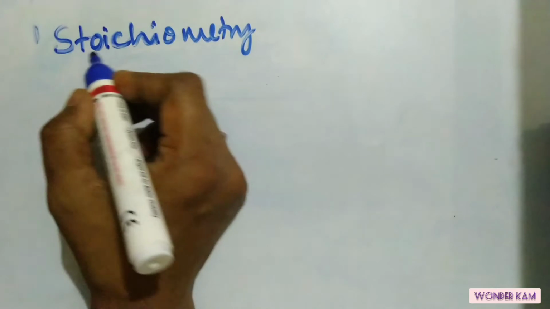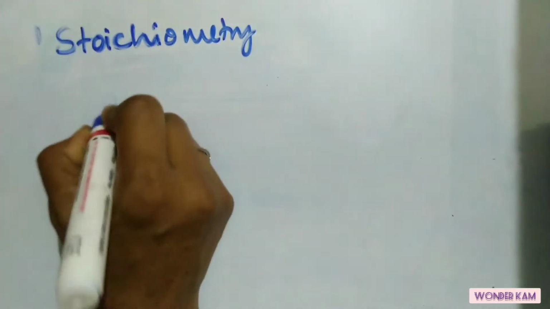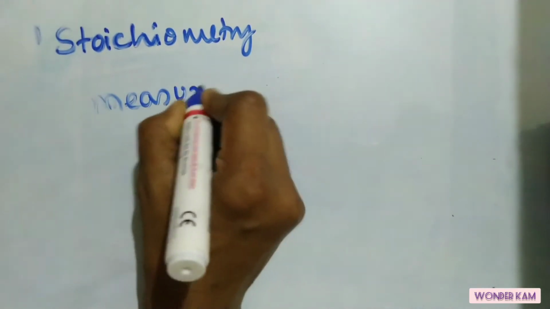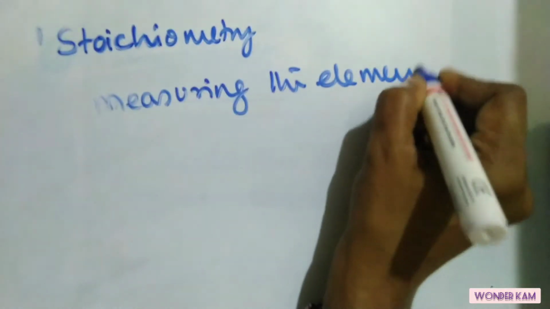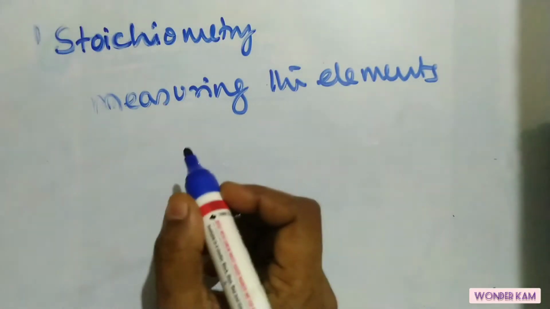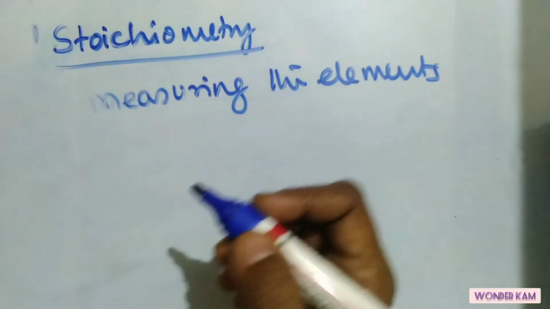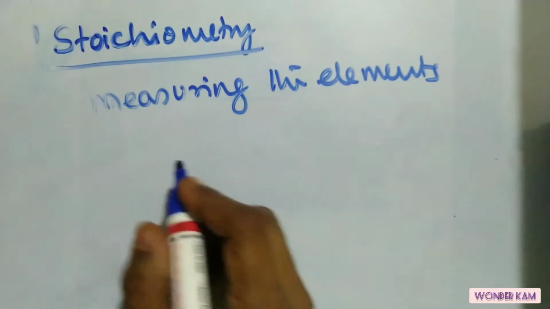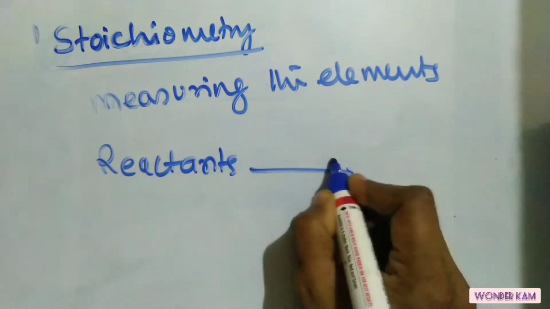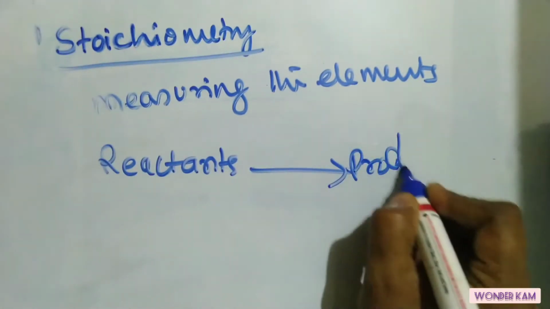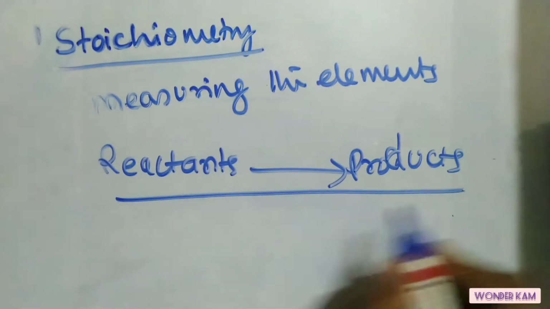The literal meaning of stoichiometry is the measurement of elements. In fact, stoichiometry represents the quantitative relationship between the reactants and the products in a balanced chemical equation.